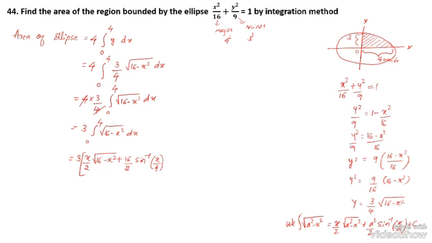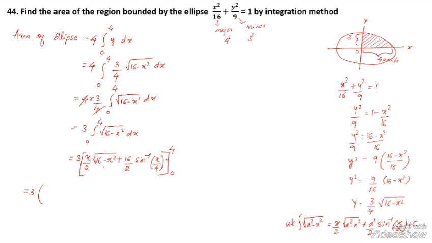Okay, square root of 16 will be 4. Here there are lower and upper limits, it means definite integral. So I'm taking the upper limit as well as the lower limit.